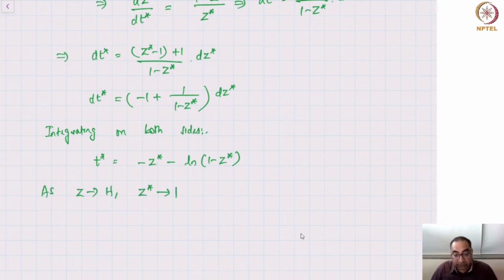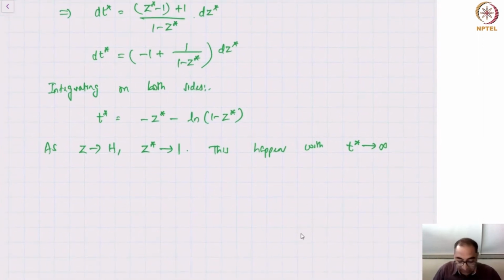It approaches 1 from below, and notice that when z star approaches 1 from below, the right hand side, the logarithmic term diverges. This means that this occurs when t star goes to infinity. So in other words, when t star goes to infinity, z star approaches 1. In other words, z reaches the final height h.